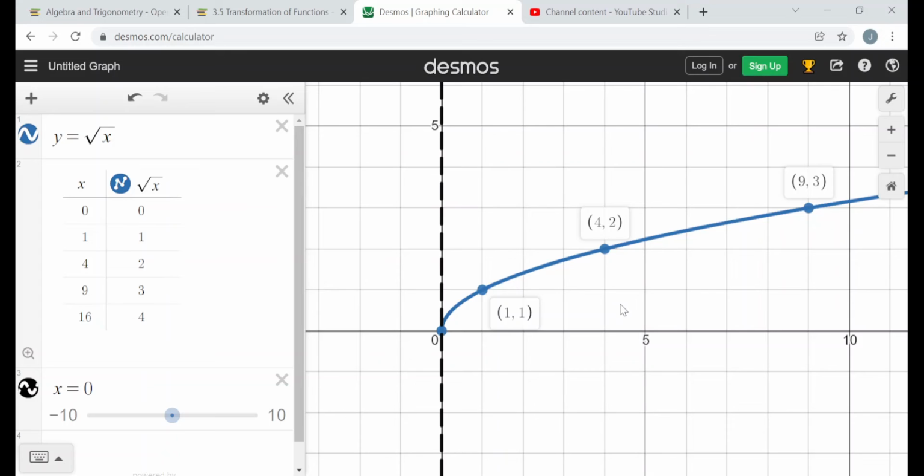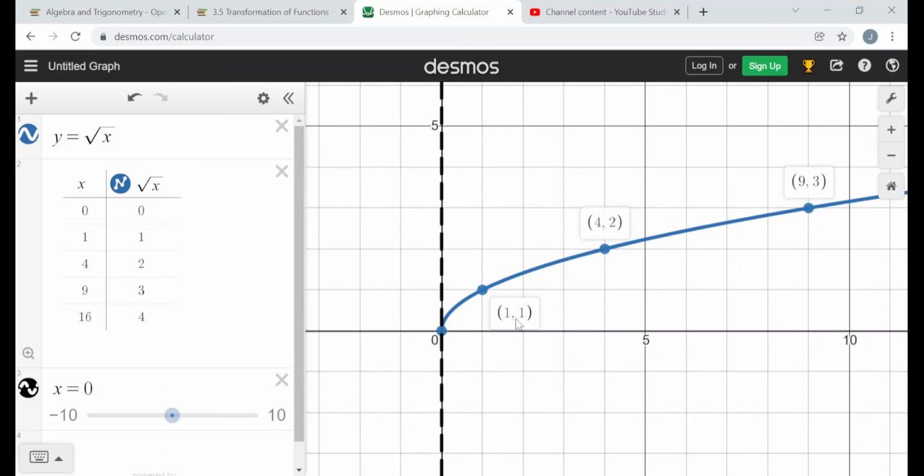And we were asked to stretch this horizontally by a factor of 3. So 1, 1 would move to 3, 1. 4, 2 will move to 12, 2. 9, 3 will move to 27, 3. Every point, the x-coordinate gets tripled.